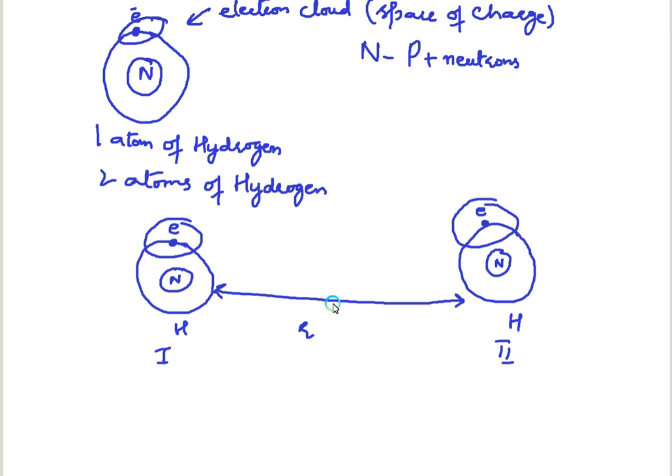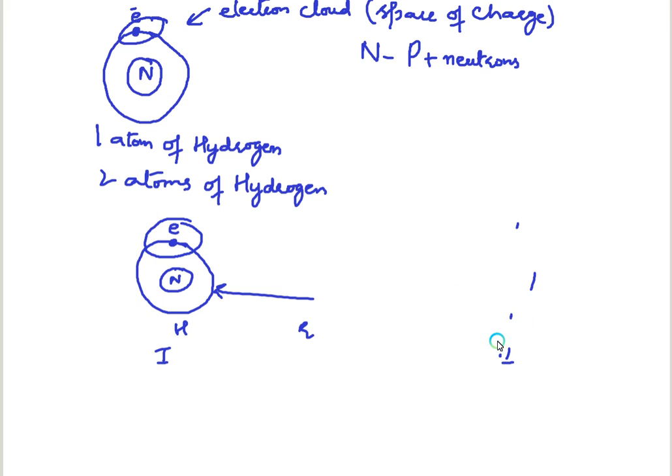Now, when the distance between the two atoms starts to decrease like this, there will be some kind of forces of interaction between them. Still, this will have its own shell and this will have its own shell.